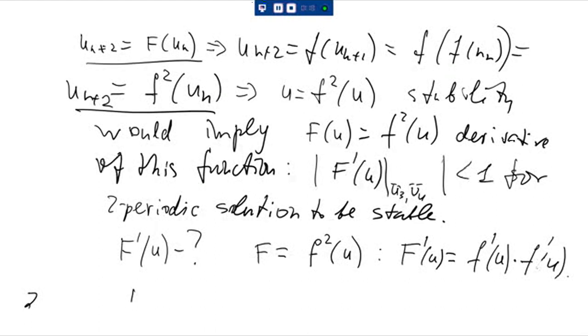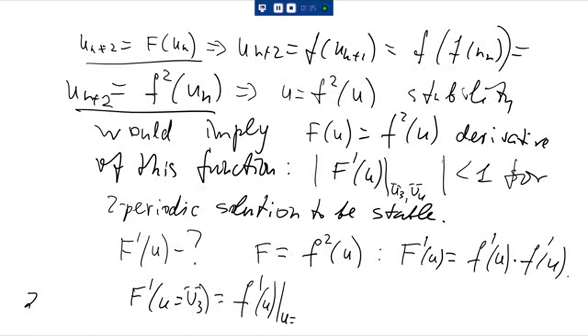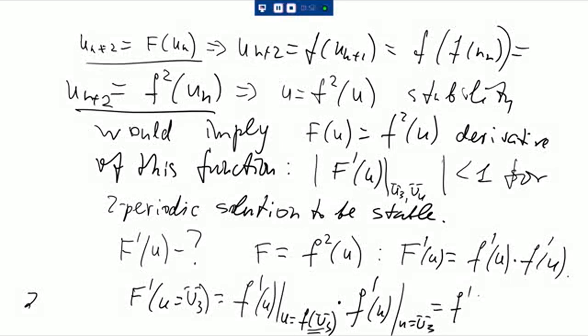So this would mean that f prime, when u equals, say, u3, will be equal to f prime of u when u equals f of u3, times f prime of u when u equals u3. And we know that f of u3 is u4, therefore it will be equal to f prime at u4 times f prime at u3.